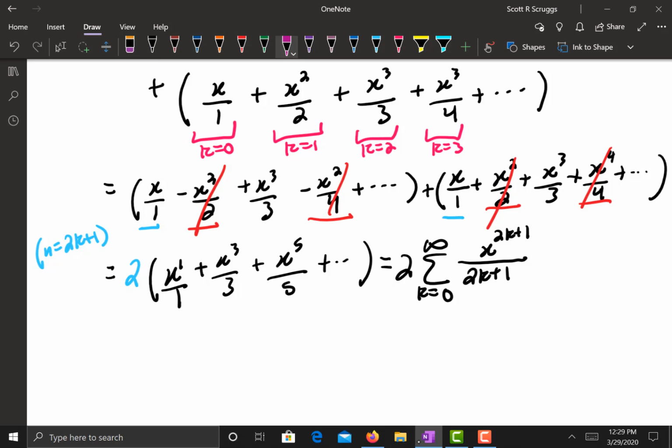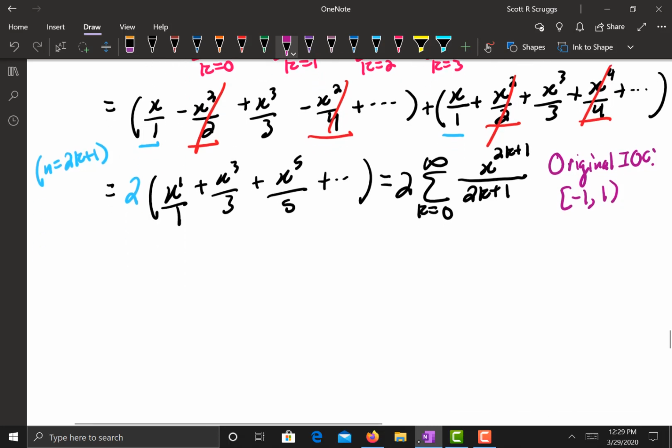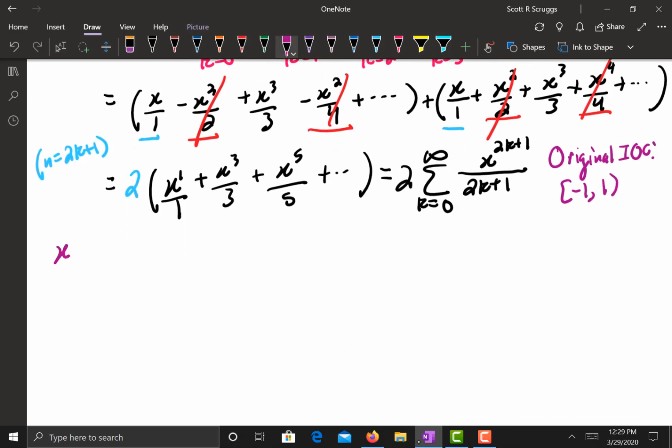And so now with that brand new power series, let's see if the interval of convergence is different or the same. Recall from the previous example that my original interval of convergence is -1 to 1, where I include -1. So now let's see what happens if I include -1 or if I include 1.